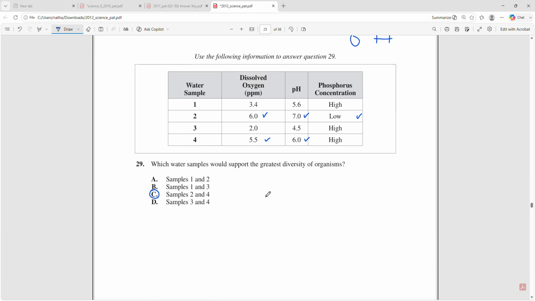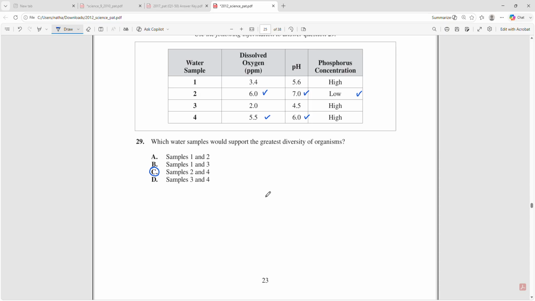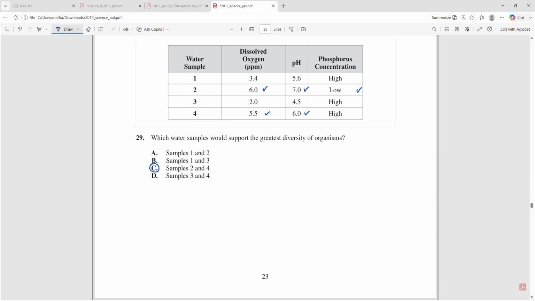Okay, next one. We have water samples 1, 2, 3, and 4. We have dissolved oxygen. And they ask which water samples would support the greatest diversity of organisms.